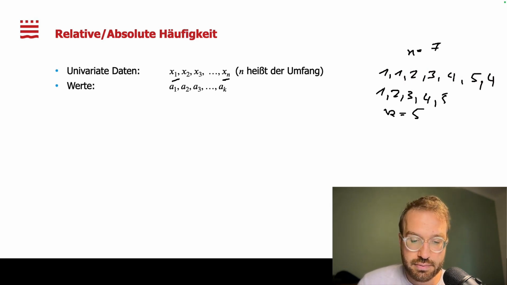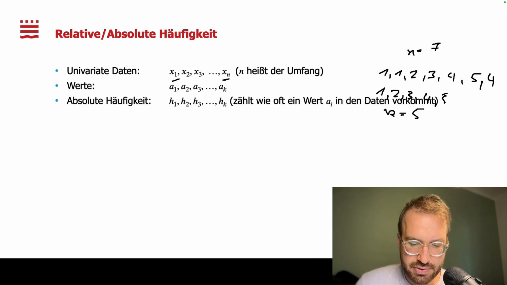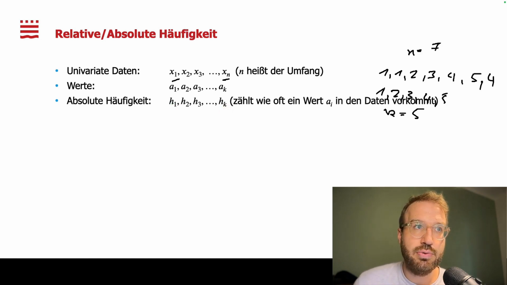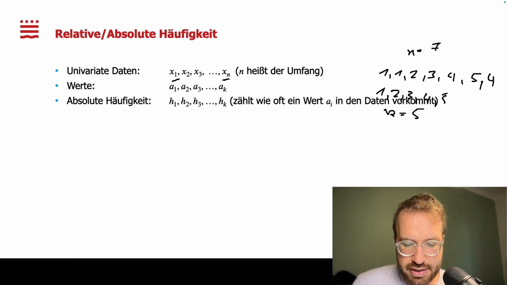Well, that is the situation we are in for now, and now we can determine the so-called absolute frequency, which we describe as h_1 to h_k. So a new letter h for frequency. What does h_1 mean now?